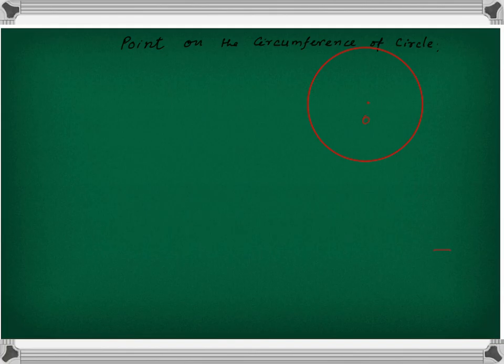So it's talking about the point that is on the circumference. So what is the circumference? This complete circle is called the circumference. Any point on the circumference has the same length, because whenever we draw a line from the center to this circumference point, it will always be the same as the radius.